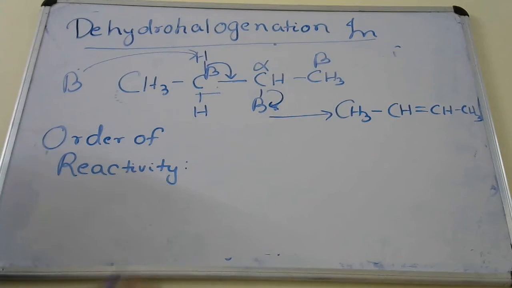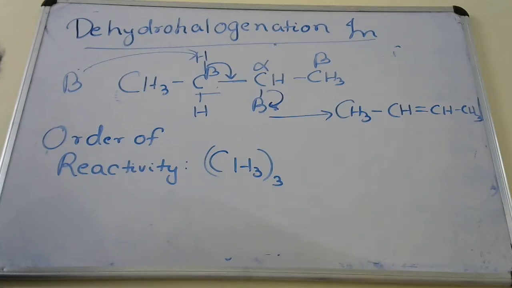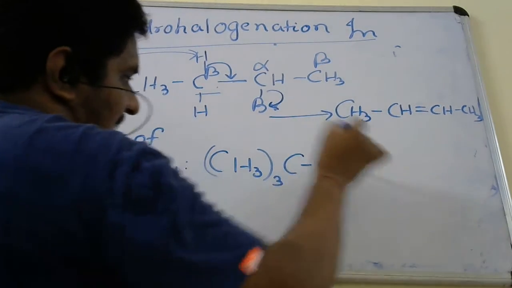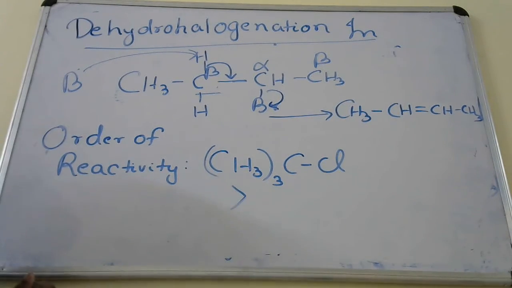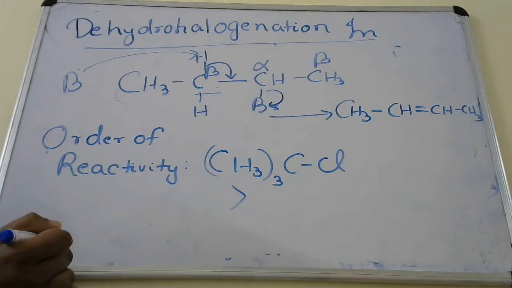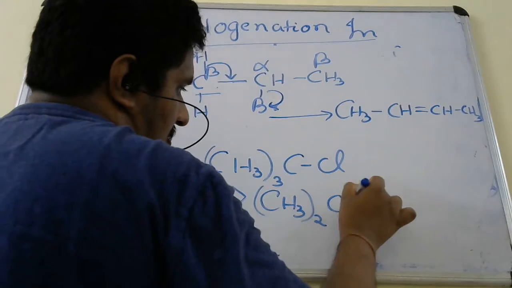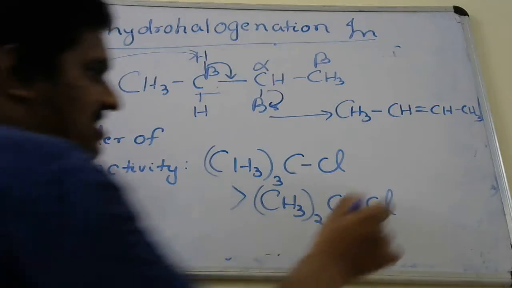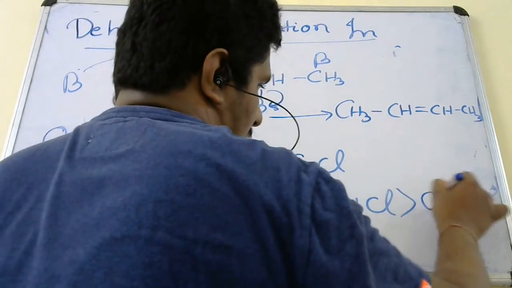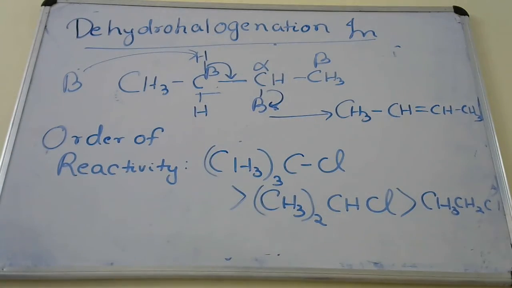The ease of dehydrohalogenation depends on the number of alkyl groups attached to the carbon containing the halogen. The more alkyl groups attached, the more easily it can lose hydrogen as well as halogen. So this one has more alkyl or methyl groups attached, and will be more reactive compared to this and this.